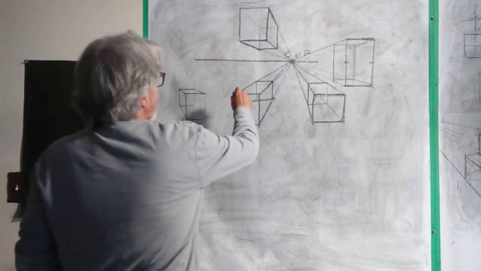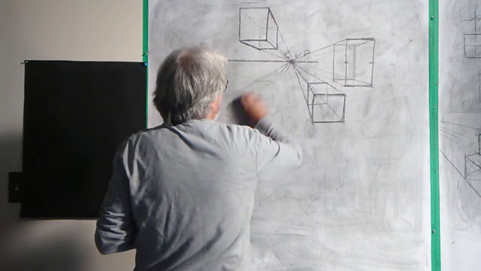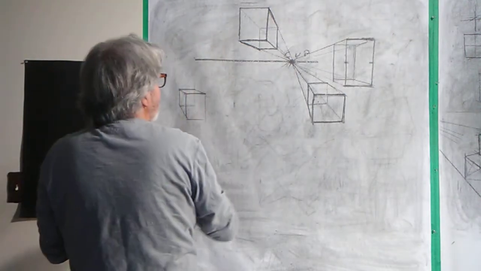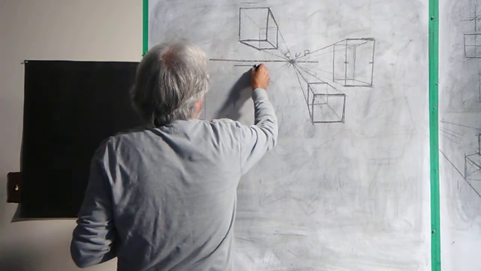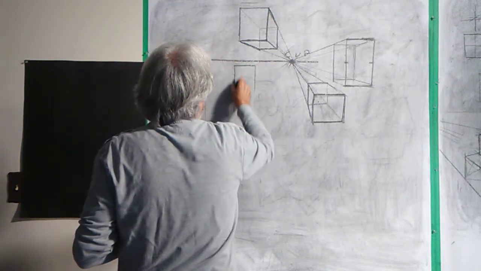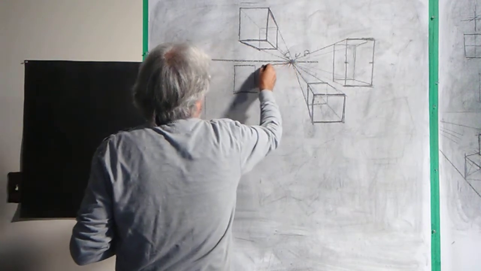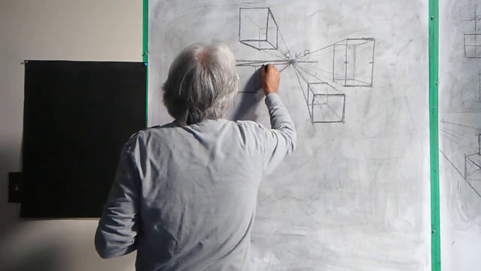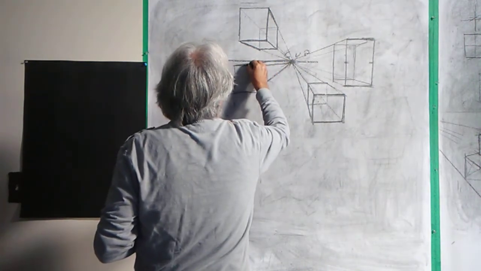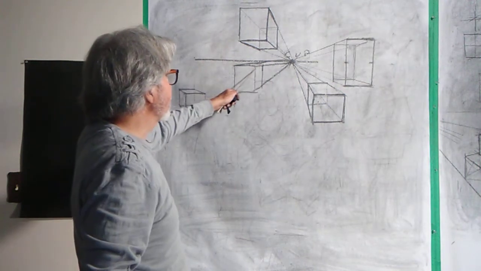So in other words, the higher you get a box, it's the last one I'm going to show you in 1-point perspective before we move on. The higher you get a box like this, the narrower the top of that box is.